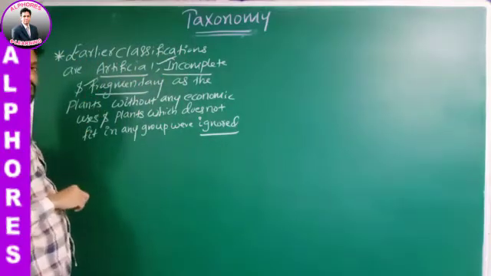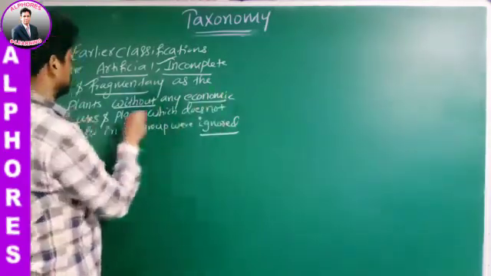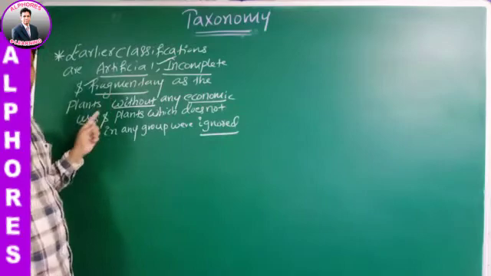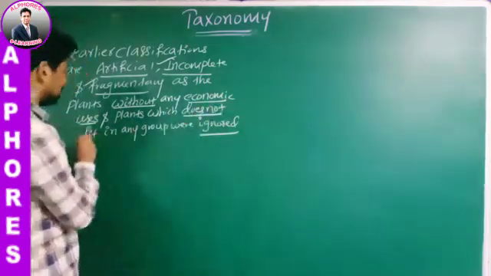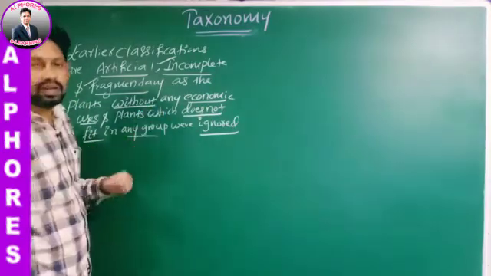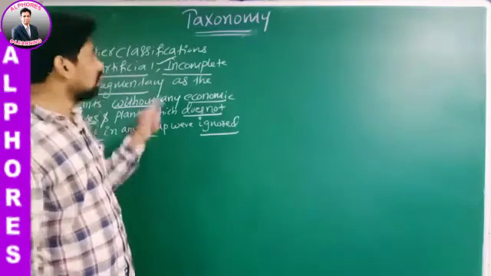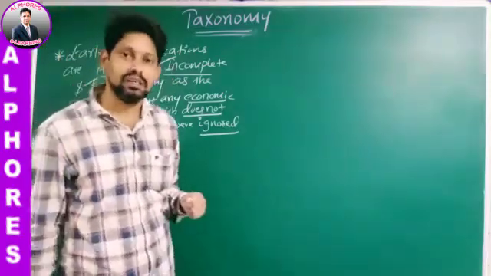Because the plants which are not having any economic use, and plants which do not fit in any group, such plants were ignored. So earlier classifications are incomplete and fragmentary.